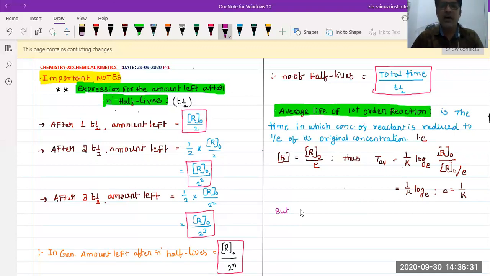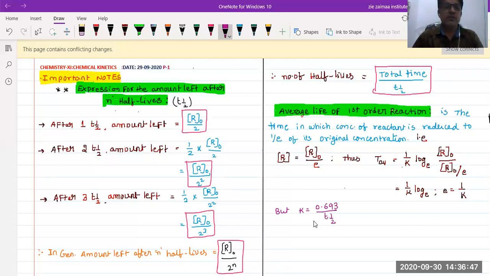But actually, for the specific rate constant of the first order reaction, what is the formula? K equal to 0.693 by T half. So this is the specific rate constant for the first order, isn't it?